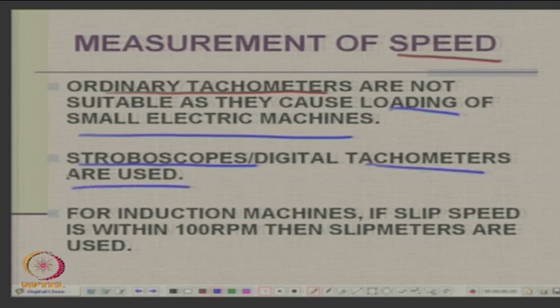You heard of stroboscope? Anybody not heard of a stroboscope? All of you have gone to cinema halls? Have you observed the fans rotating in the cinema hall?